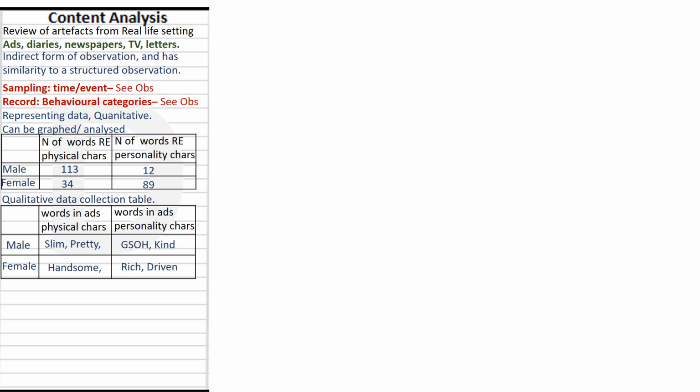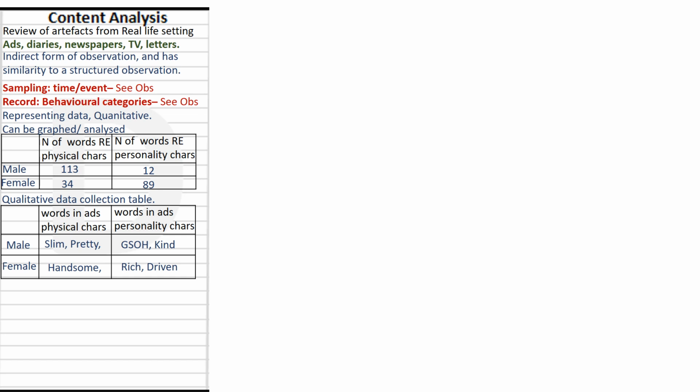We might do this in a slightly different way. Instead of just having the numbers, our data collection table could be qualitative in nature. So we could actually list the types of words that are used, whether physical or personality. A male, when they talk about physical characteristics, might use the terms slim or pretty.